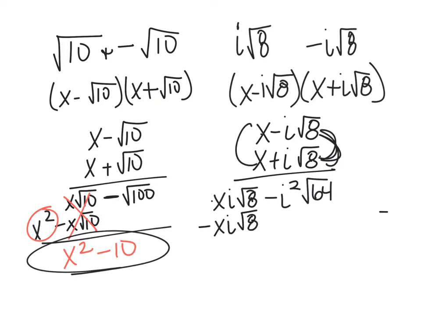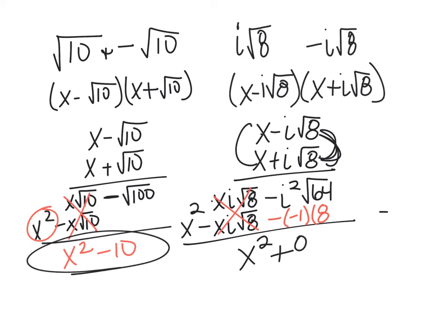And then x times x gives me x squared. And these cancel out because when I have the positive and negative the same thing, it's 0. My i squared is negative 1, so this becomes negative times a negative 1 times the square root of 64, which is 8. Negative and a negative is positive. Positive 1 times 8 is 8. So x squared plus 8.